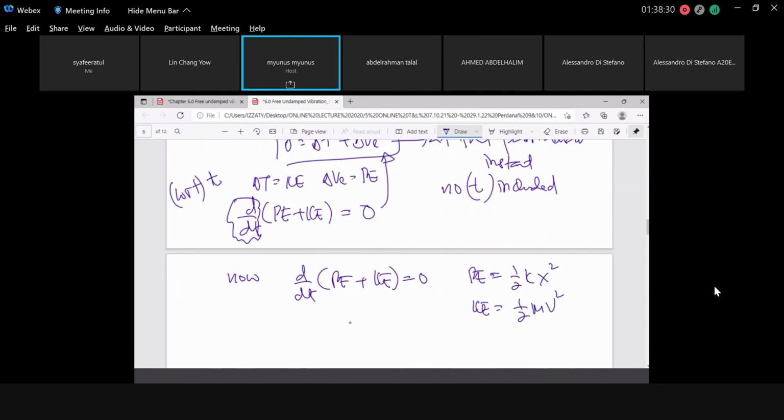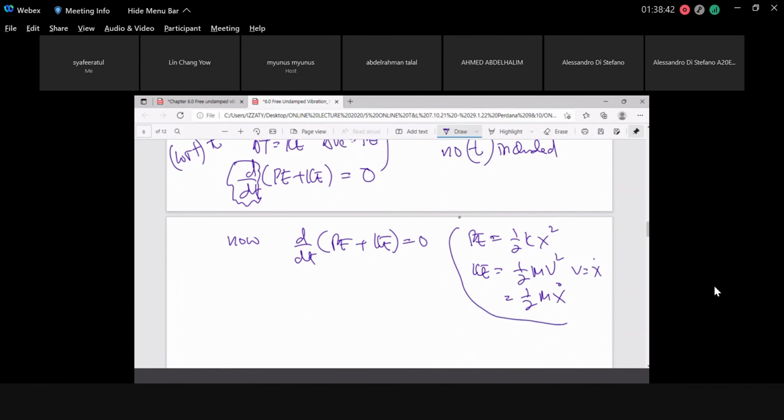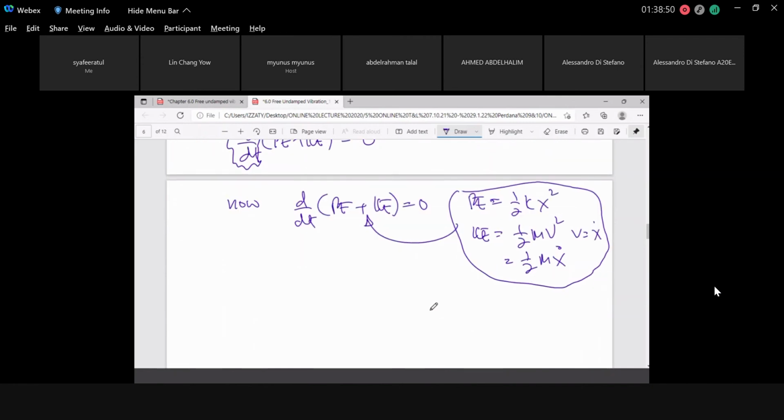There's no v here, so we change v to x dot, where v equals x dot. Then you put it in the equation. So you have d by dt of (half k x squared plus half m x dot squared) equal to 0.